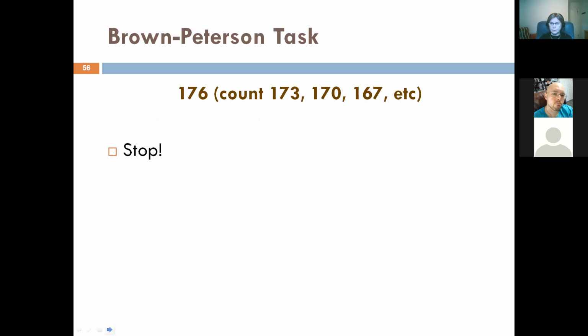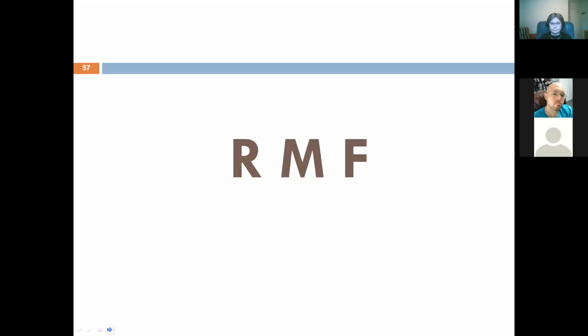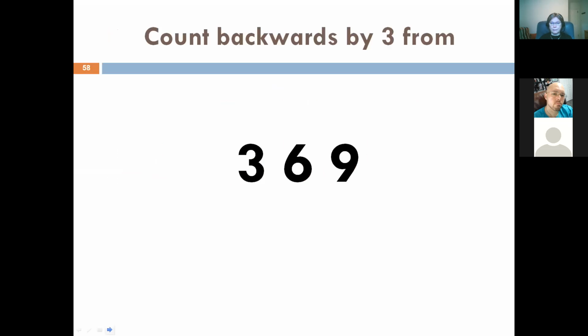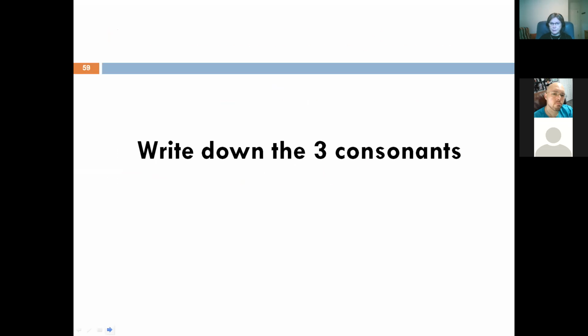So get ready. You have to read out the 3 consonants and then count backwards by 3 from the number that you will see after the consonants. You don't write them down, you just try to remember them. So 369, 366.